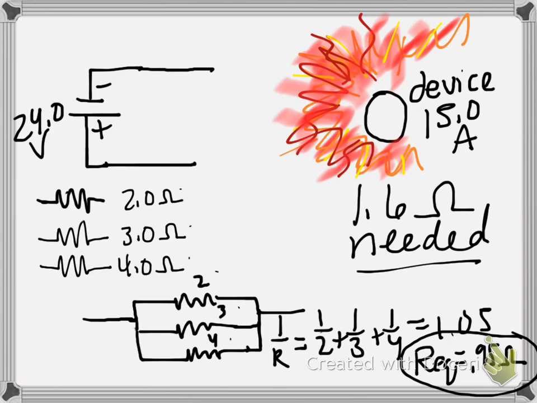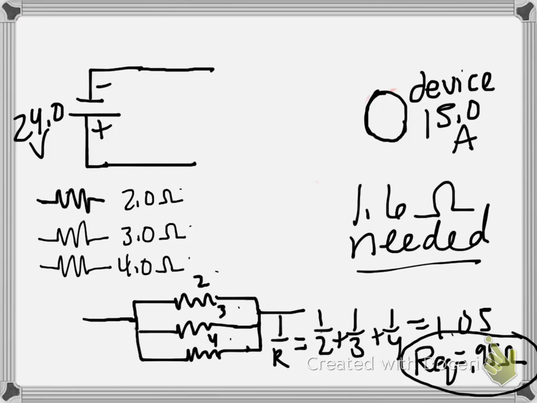Kaboom. Obviously, the solution to this problem is wiring our resistors in a combination of series and parallel. Your job? Figure out a wiring scheme for these 3 resistors that gets you as close as possible to 1.6 ohms without going under. Good luck!